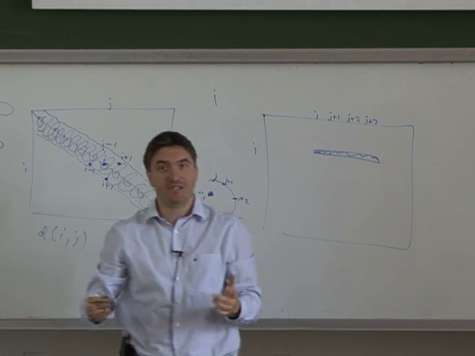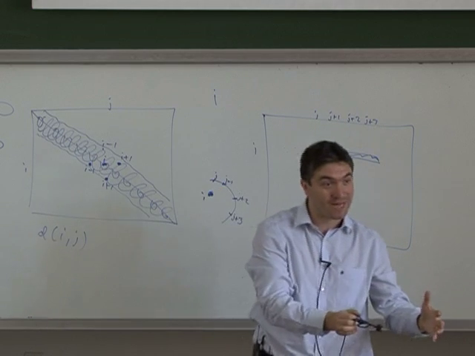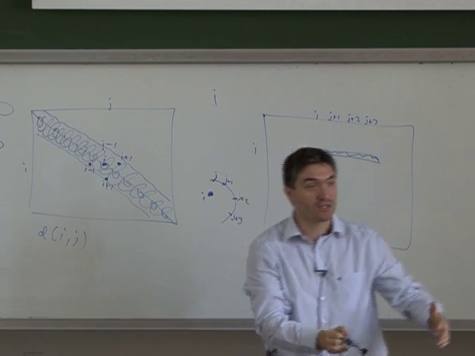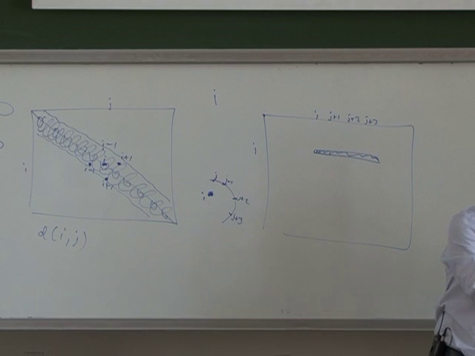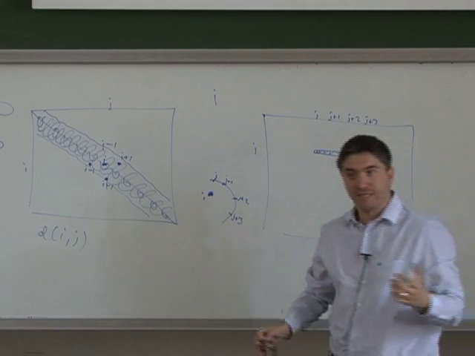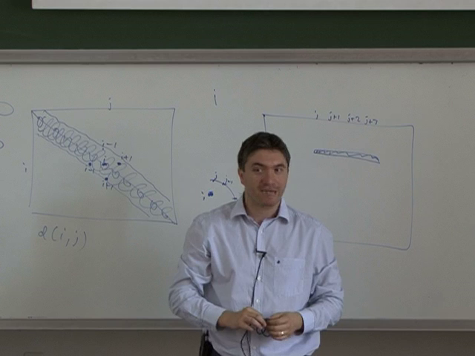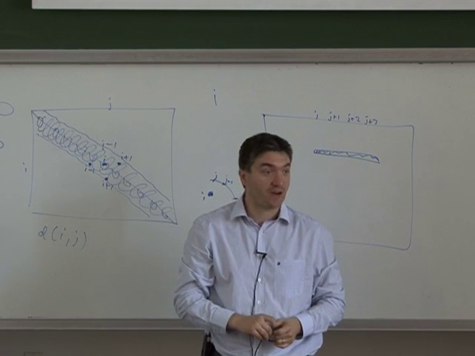What we see here is that, for example, the ith amino acid is going to be close to the I plus 4th amino acid. I plus 4th is going to be close to the I plus 8 amino acid. So it's going to be something like that. And as you can see, these interactions, I and I plus 4, tell us that we cannot get very far away from the diagonal.